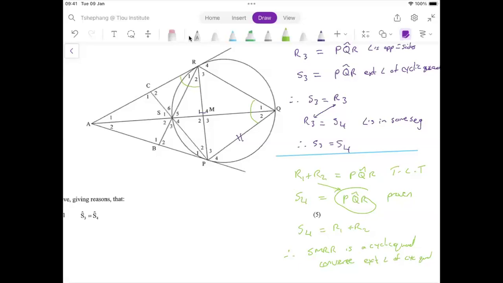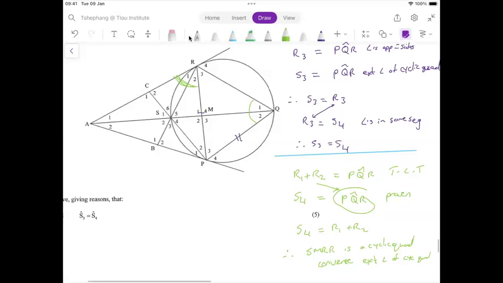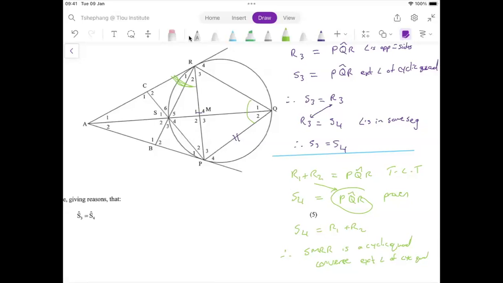So quickly recapping. I said that R1 plus R2, so this angle here, must be equal to Q1 plus Q2, or in other words, PQR, because of the tan chord theorem. There's the tangent, and here is the chord.